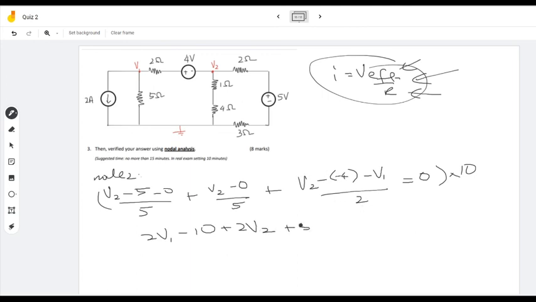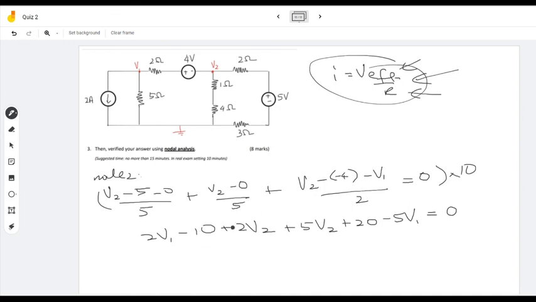Plus 5v2, that's minus positive, so positive 20, and then you have minus 5v1 equals to 0.